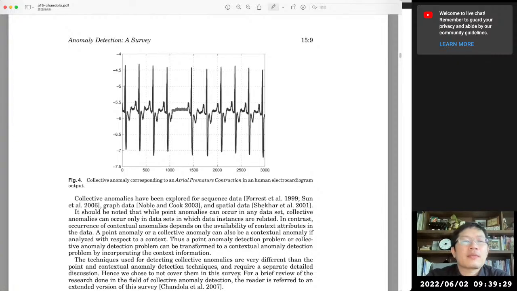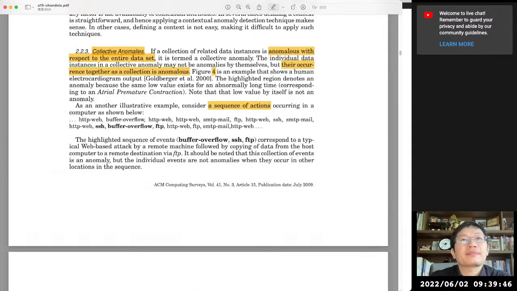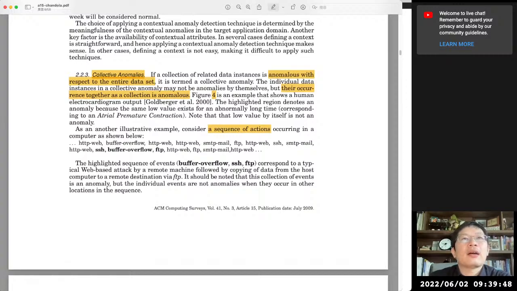So you have to consider this subsequence, which is a little bit unexpected from the perspective of the entire sequence. That's called collective anomaly. Usually they are a sequence of actions.